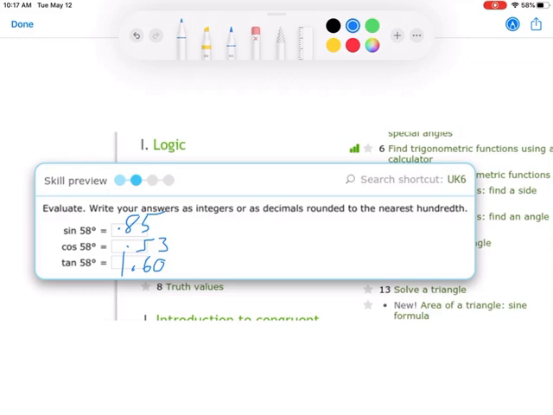Keep in mind, tangent is really sine divided by cosine. Let me just write it down here. Sine over cosine. So if I take 0.85 and divide that by 0.53, I should get 1.6.